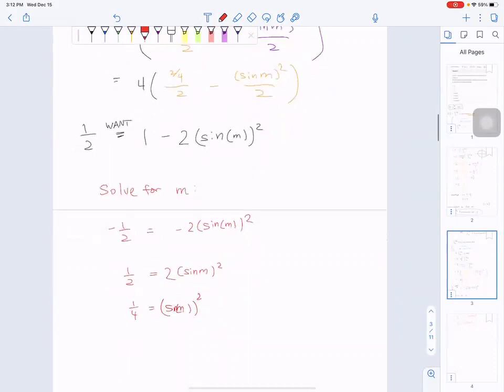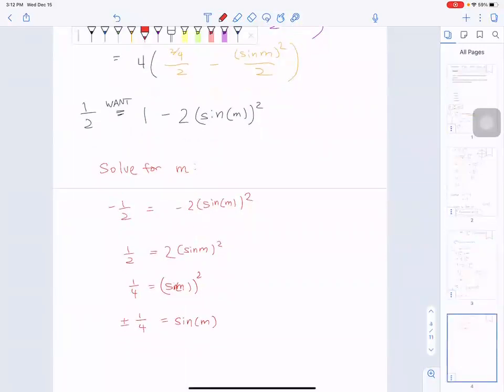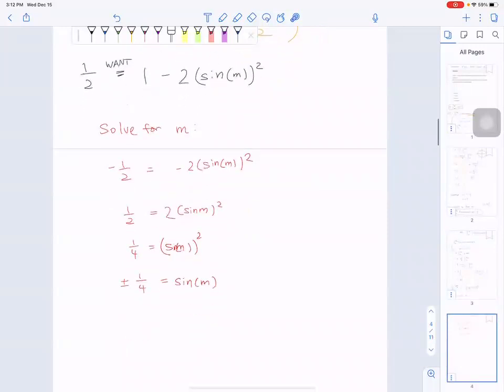Now when we square root it, don't forget there's a plus minus when we square root something. For what m do you get sine of m equals 1/4? Well, you can think about the unit circle again, where, oh, sorry, wait. Yes, when you square root it, you get plus minus 1/2. And where is y value 1/2?